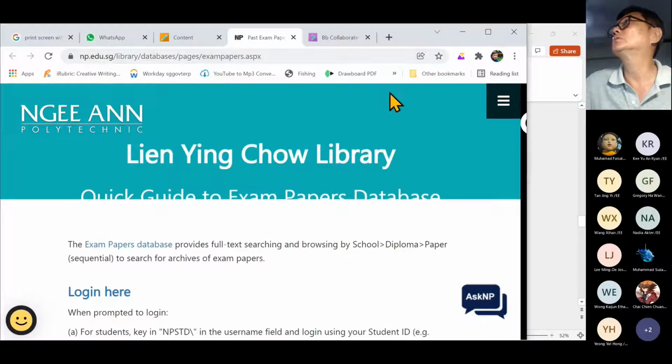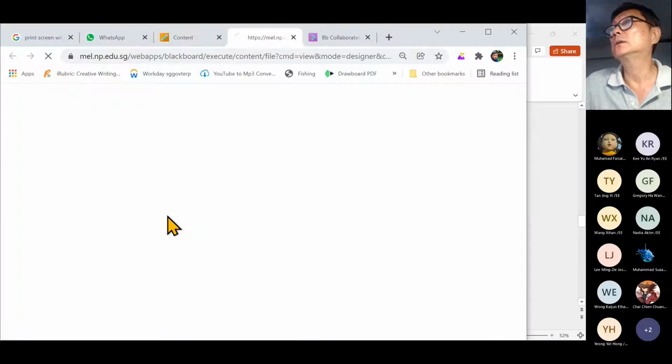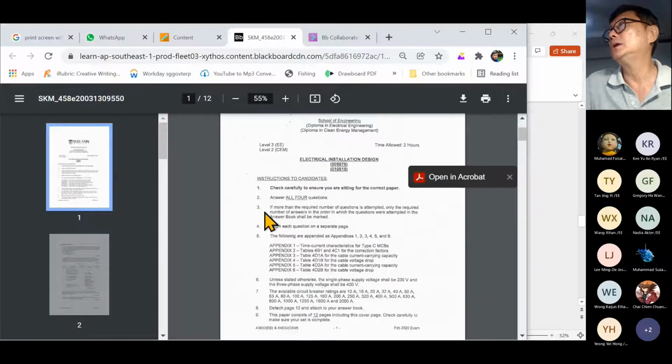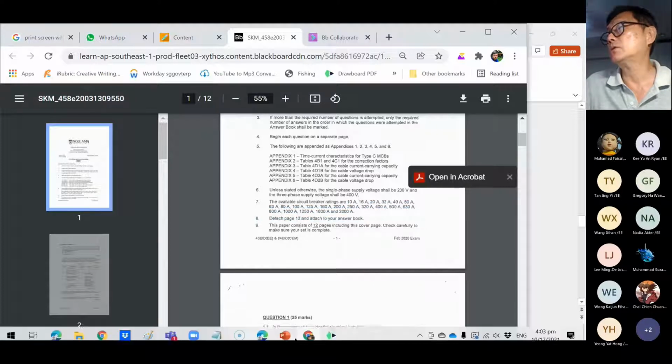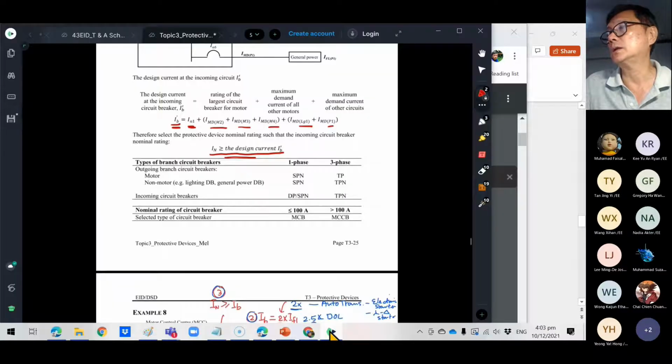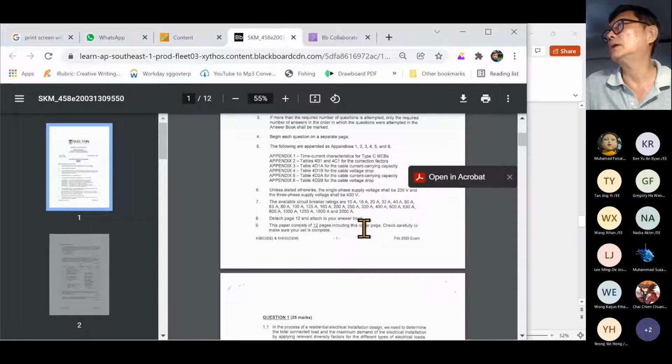Let's look at this one. All right, can you see in front here, they always publish this. What are the ranges? So my calculation just now is 231.79, right? So my next circuit breaker I can use is 250. Can you see that? Because the other one is only 200.